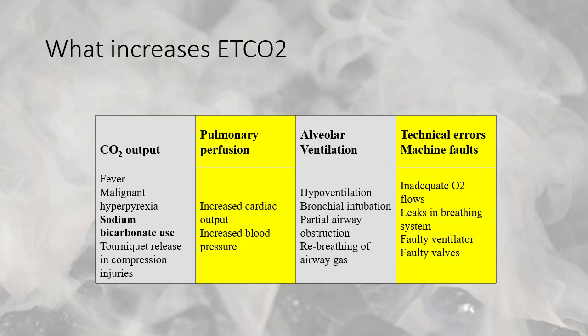If you have a compression of a major extremity, either a tourniquet or a traumatic compression, then you release that compressive force and all that nasty blood suddenly hits the central circulation, including the pulmonary capillary bed, you will see a huge spike in your end-tidal CO2.